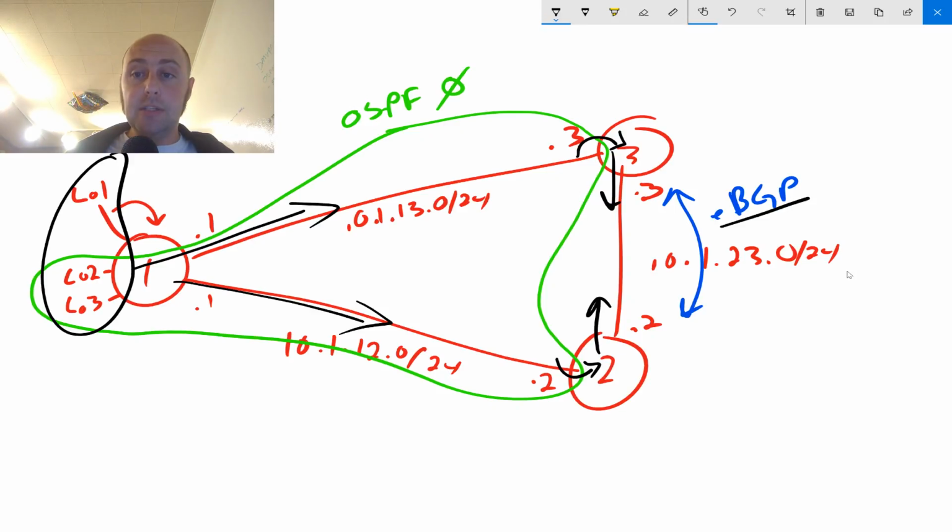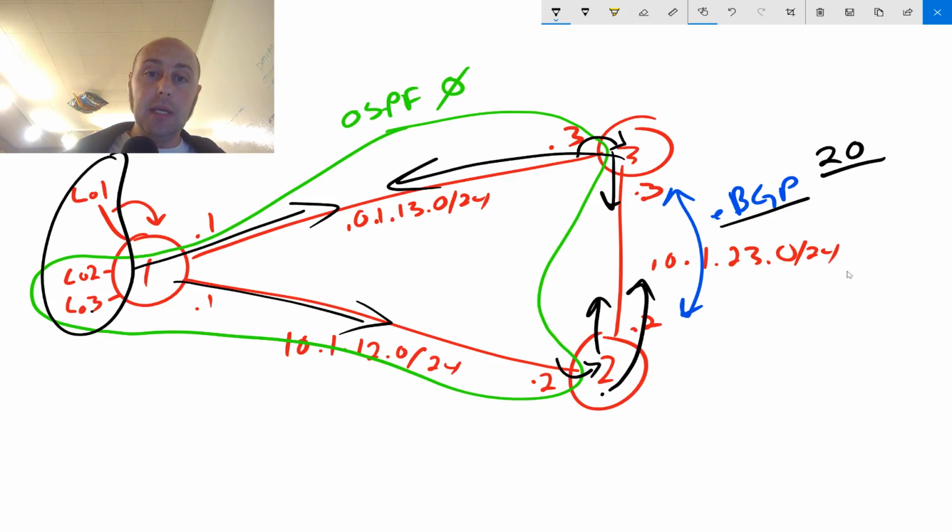Now, because these guys are eBGP speakers, and eBGP routes learned from eBGP neighbors have an administrative distance of 20, in order for router 2 to reach these loopbacks, it's actually going to go to router 3 and then over to router 1, because it thinks that the routes learned from router 3 with the administrative distance of 20 is better than going through the directly connected link over to router 1.